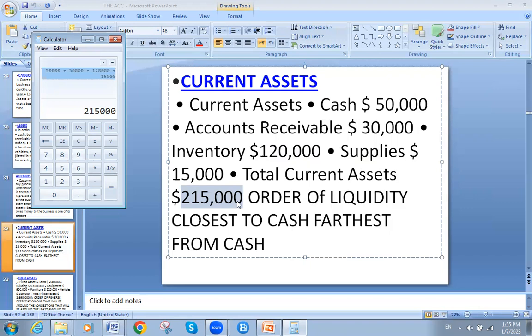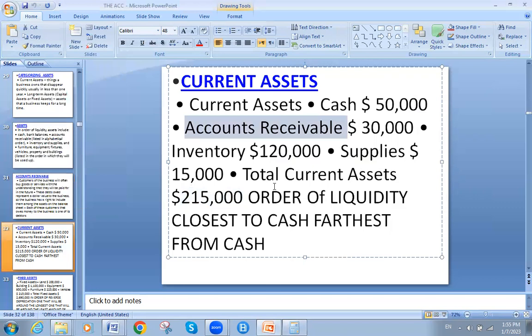So cash, account receivable: if you sell to people, for example, this is the account receivable. You sold to people 30,000 of goods, but they told you we don't have money now. So you said, okay, guys, I will take checks from you.